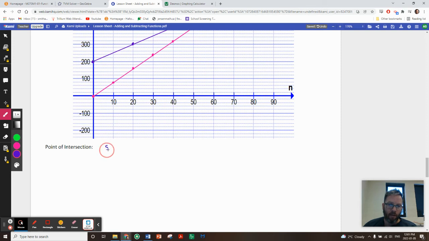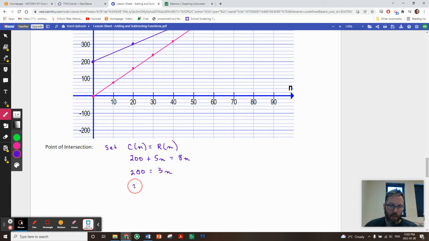We are going to set the cost function equal to the revenue function, just applying some ideas from your grade 10 math course. So 200 plus 5n equals 8n. We can collect the n terms: 200 equals 3n.